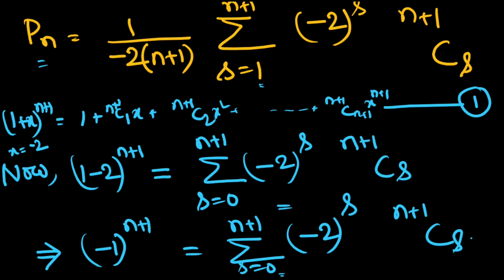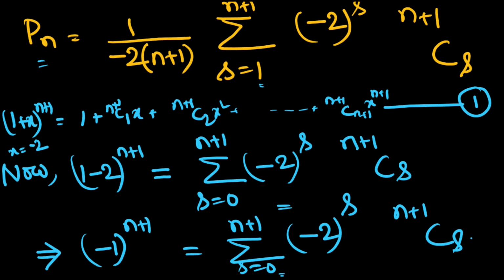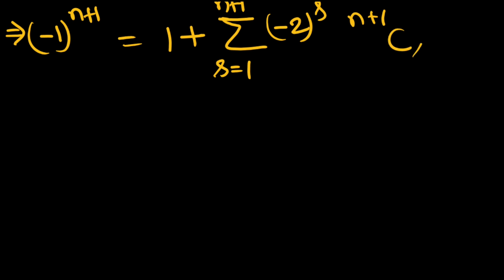So we break it, s = 1 to n+1. This implies (-1)^(n+1) = 1 + ... Why 1? Because when you put s = 0 in here, it is (n+1)C0, that is 1. So that's why it is 1 and the rest are the same. So s runs from 1 to n+1 of (-2)^s (n+1)Cs.